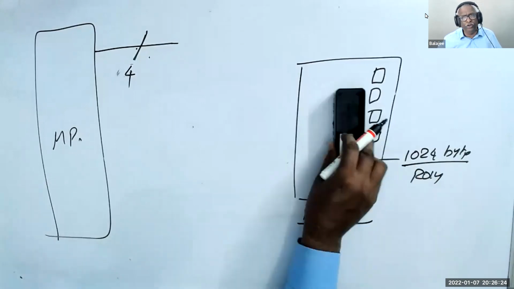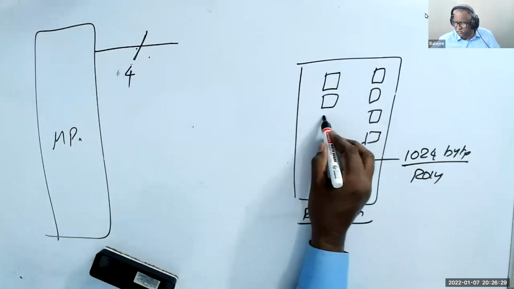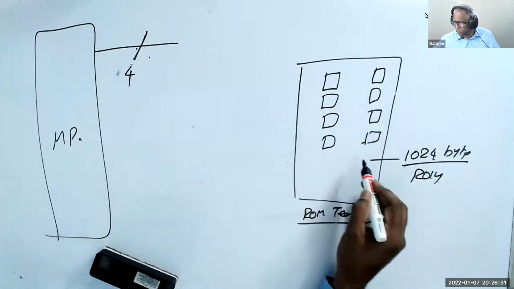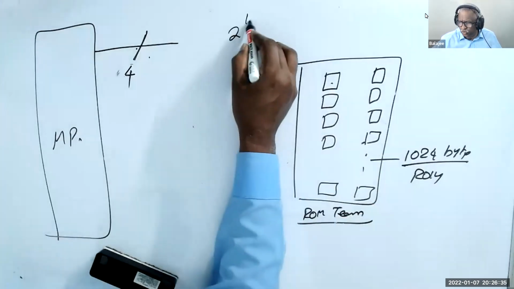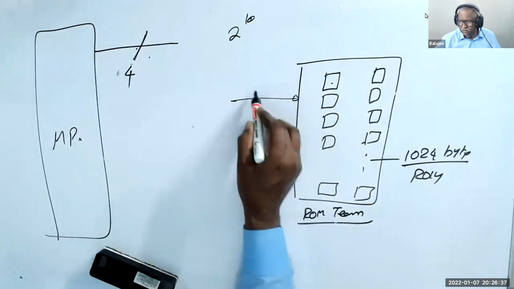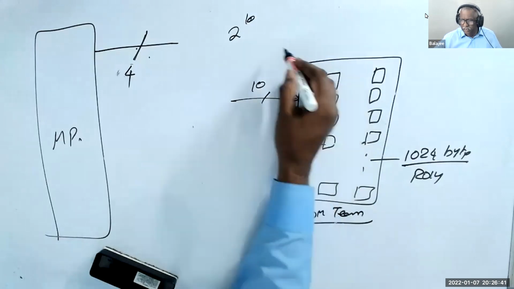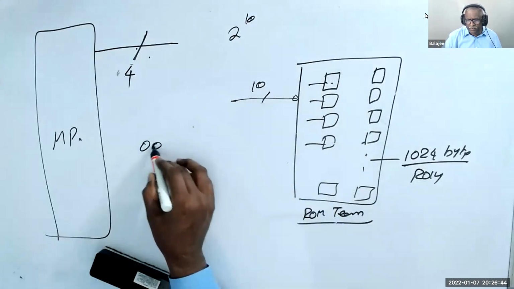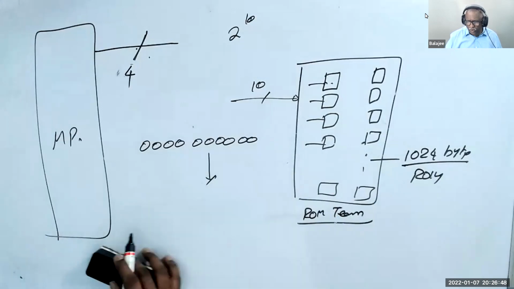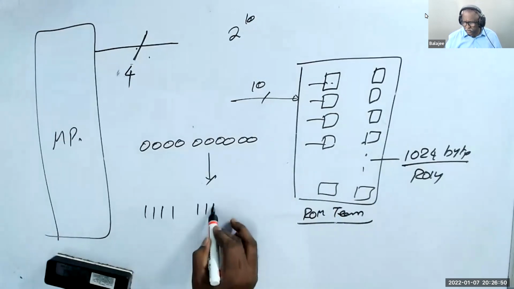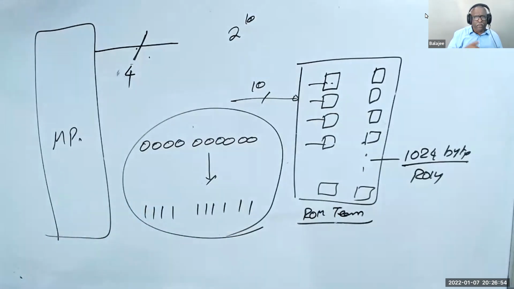Since 1024 units, each one is having a select logic. And for 1024, 2 power 10, so they get 10 address lines. So this guy's name will be, since 10 bits, the starting name will be 0000000000 up to 1111111111. Please understand this.